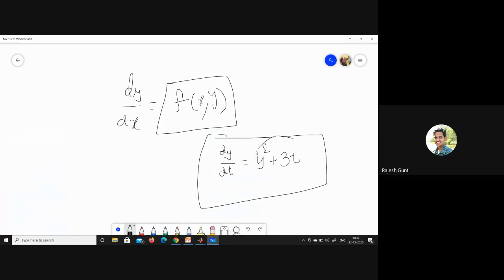So definitely in that case, we have to depend on numerical methods. In numerical methods, the right hand side is the very important value, not the left hand side. This f of t comma y plays a vital role. That's why I created one M file for this right hand side, y square plus 3t.